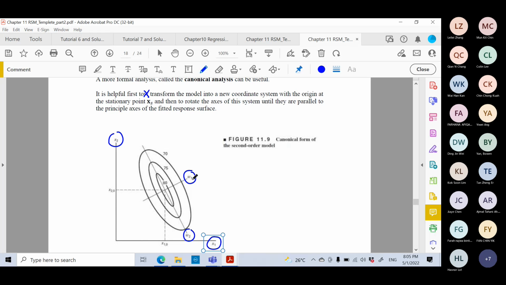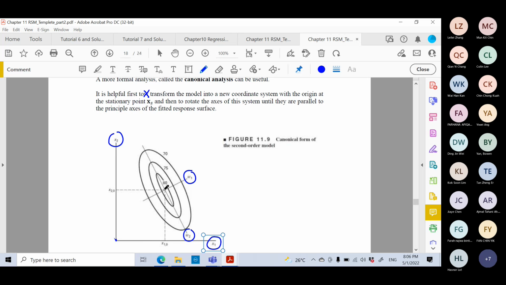Before that, for x1 and x2, the origin is not at the stationary point. The origin is at 0, 0 at this point here. But we try to transform it to the new coordinate system with the origin at the stationary point.